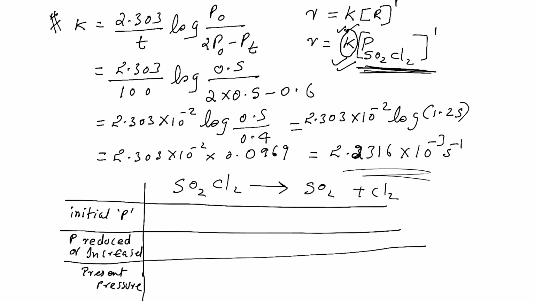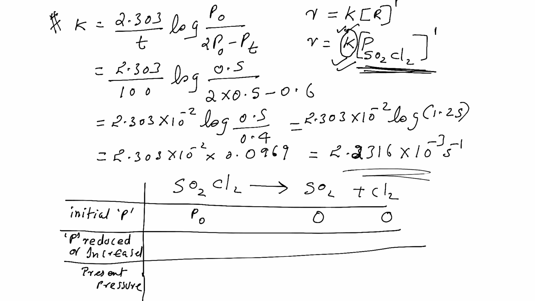So the total pressure is completely contributed by SO₂Cl₂, the reactant. Initially, there is no product at all, so there will be no pressure due to SO2 and Cl2. Hope you understand.